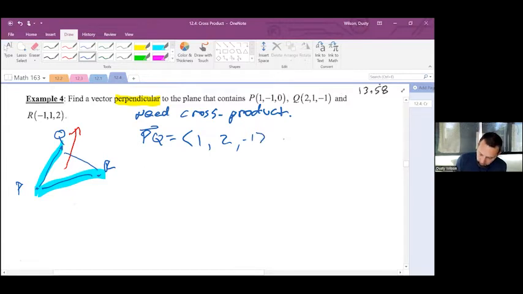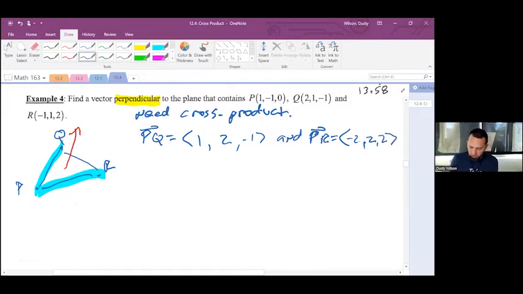And then PR would be -1 minus 1, 1 minus -1, 1 plus 1 or 2, and 2 minus 0, which would be 2.